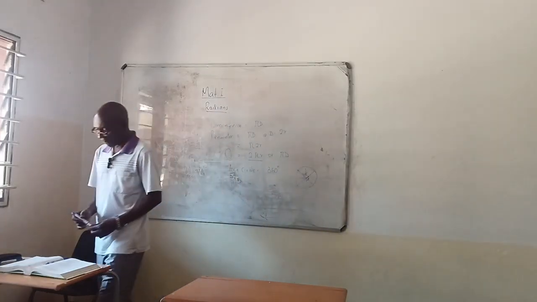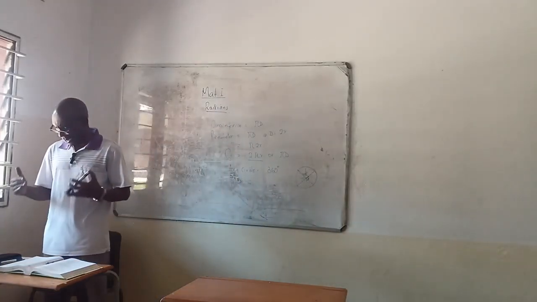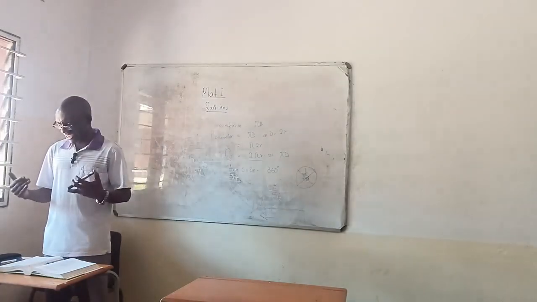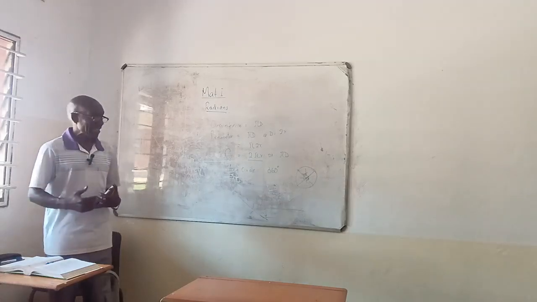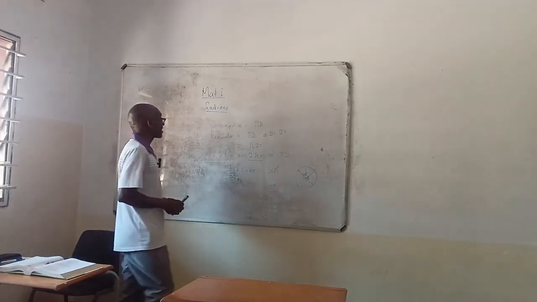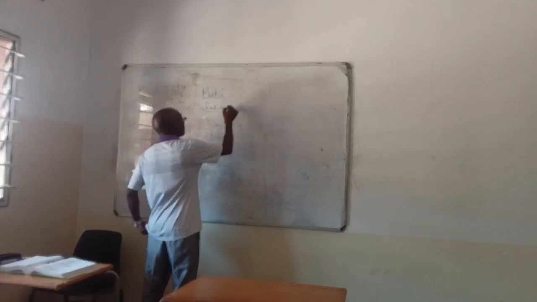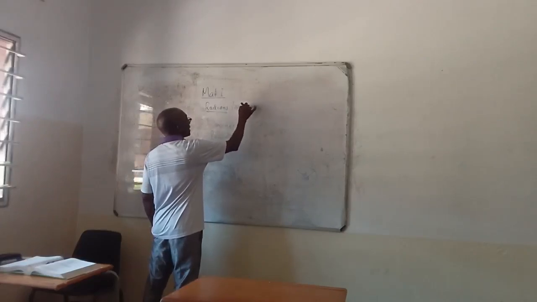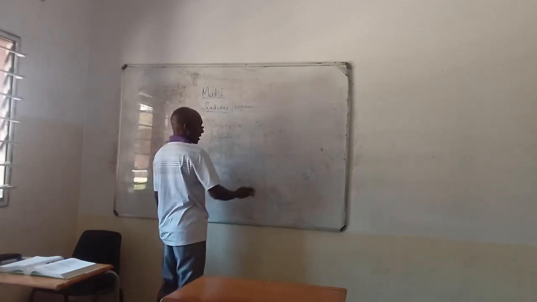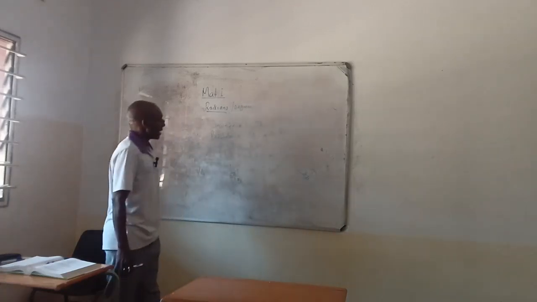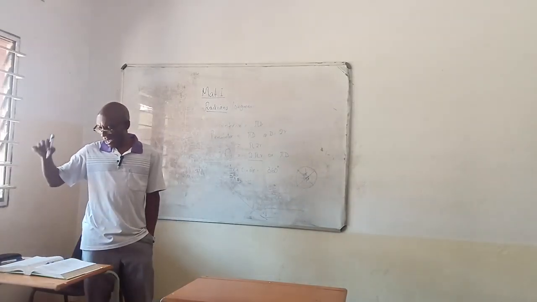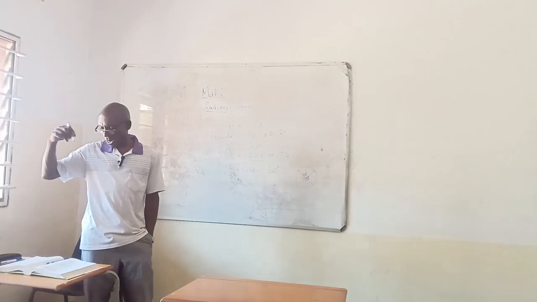But again, our intention is to measure radians. How do you measure radians? Remember, 360 are degrees. So how do you convert radians to degrees? The 360 is the angle within a unit circle.